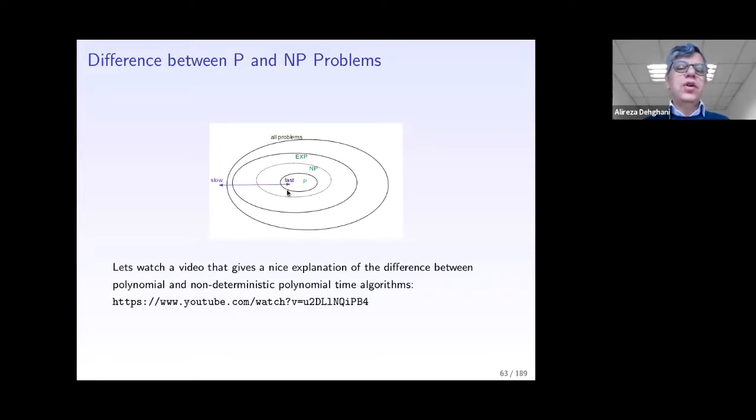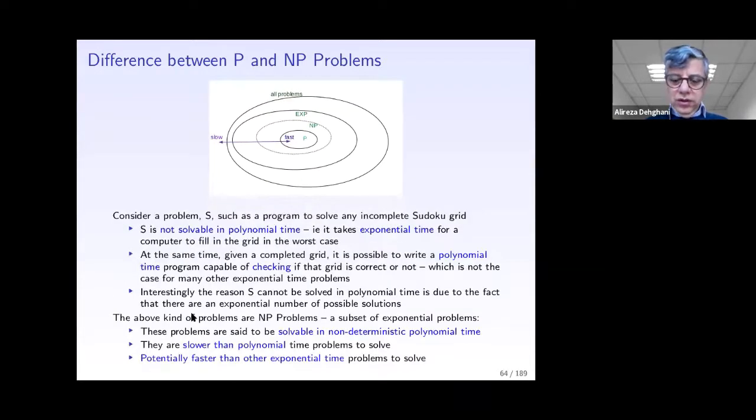So in terms of time complexity, whatever sits toward the inside, the P set, is faster to solve, and whenever we go toward the outside, they are slower to solve. There's a video which has been shared here. You can watch it later yourself, and I will share more interesting videos with you later on the course web page, after the class.